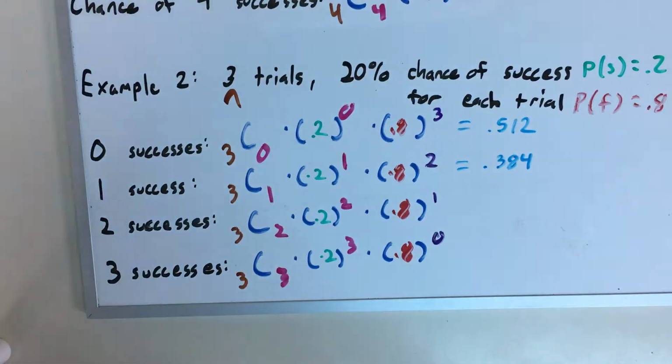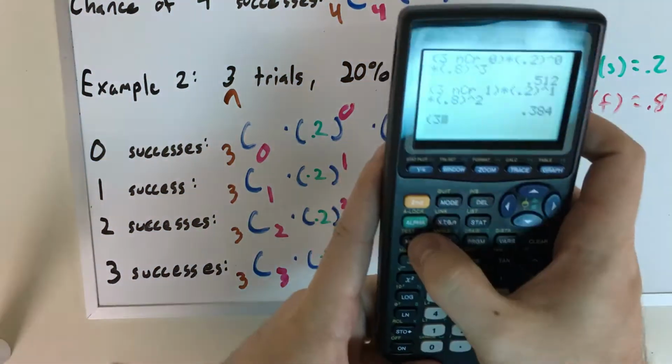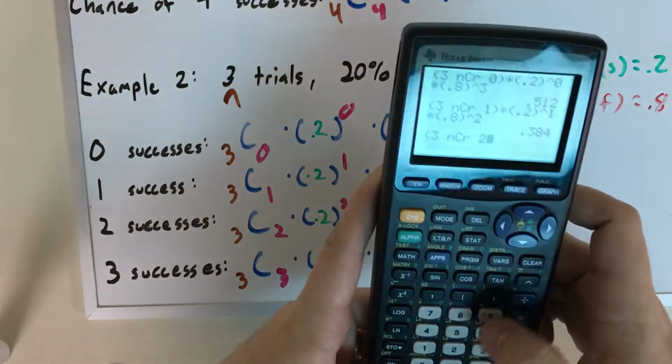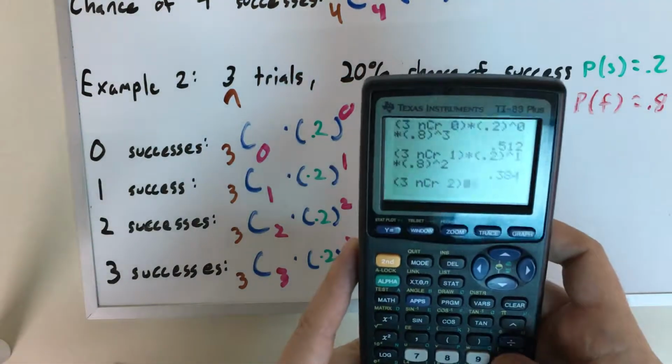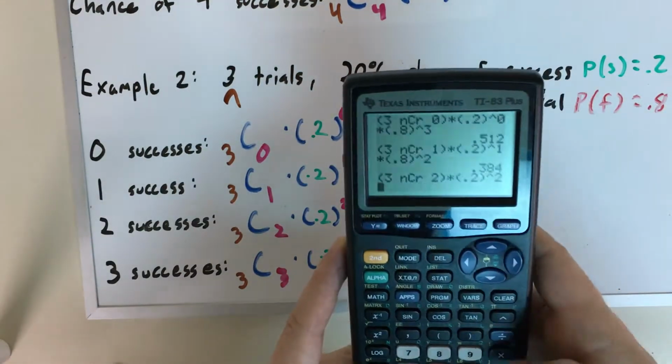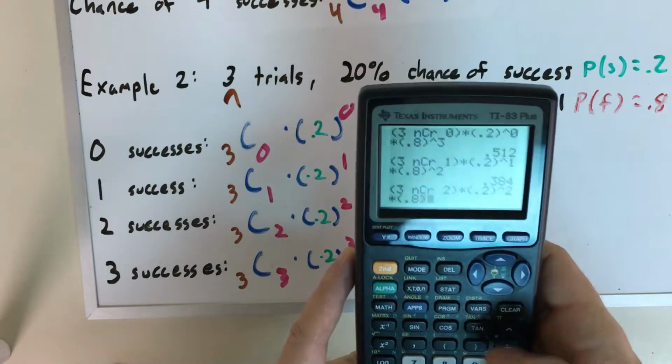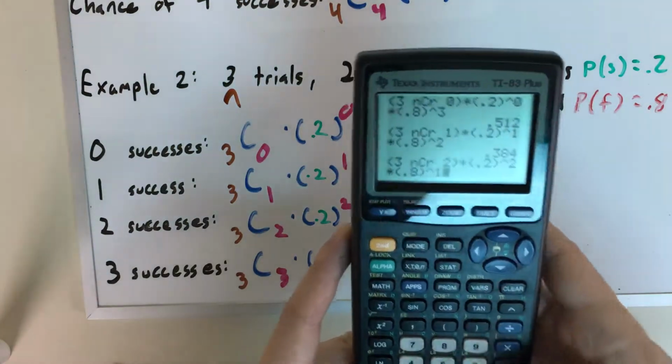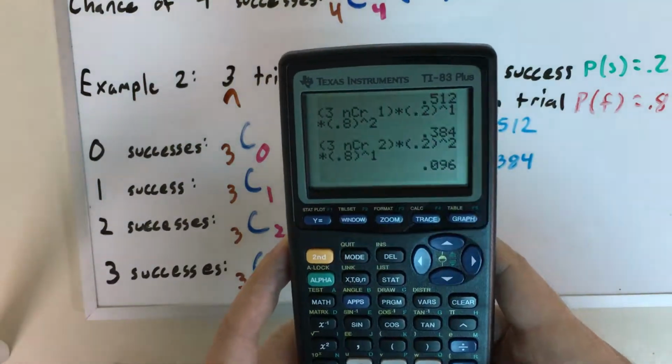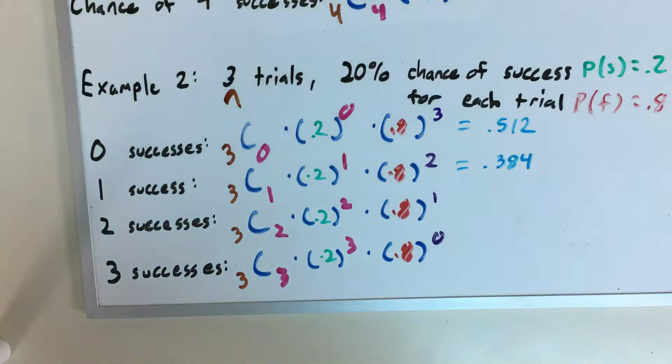And now for 2 successes, that's 3 choose 2 times 0.2 to the 2nd times 0.8, not to the 3rd, to the 1st. That gets me 0.096.